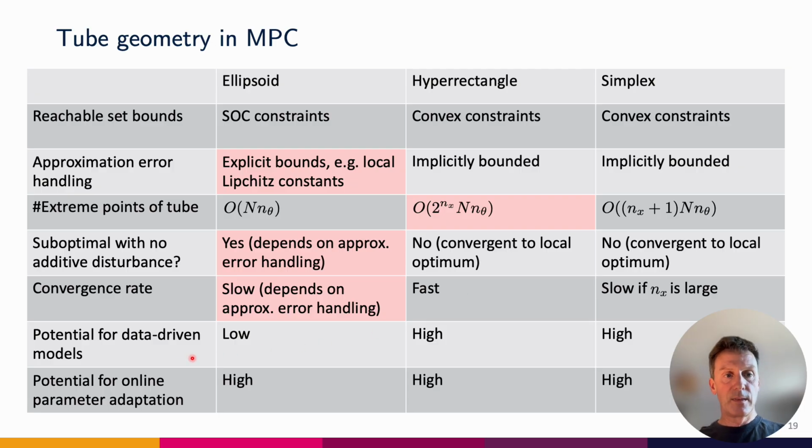Finally, the ellipsoidal tube approach is not generally well suited to data-driven models, whereas the DC approximation method can be extended quite easily to data-driven modeling, and I'll explain more about this later in the talk. And finally, all three approaches can handle online parameter adaptation.